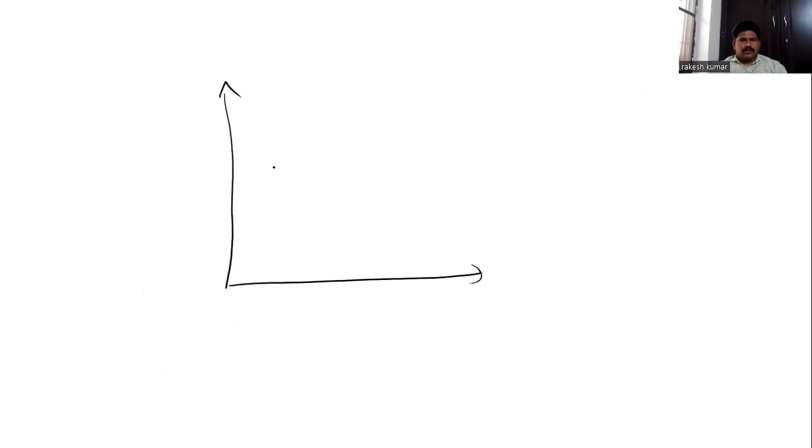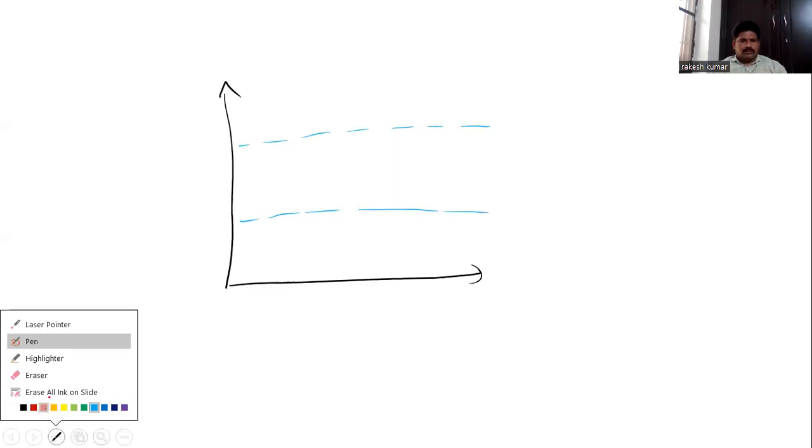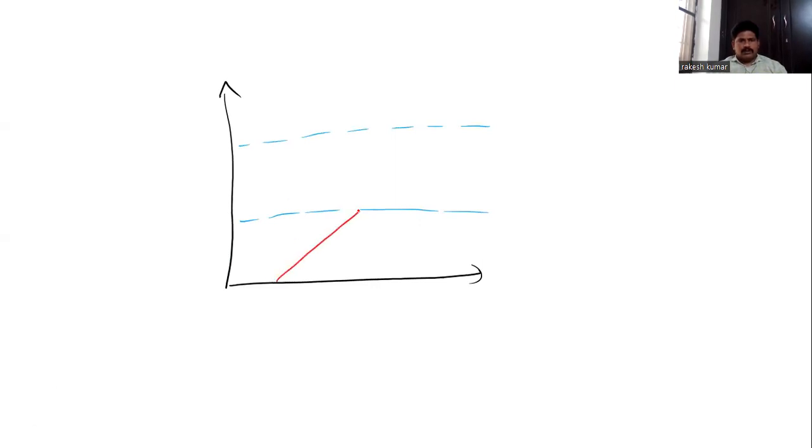If you draw the same graph, this is the graph we have drawn. So this is standard temperature, inversion layer, and this is again standard temperature. So this inversion layer is sandwiched between two standard atmospheric conditions.